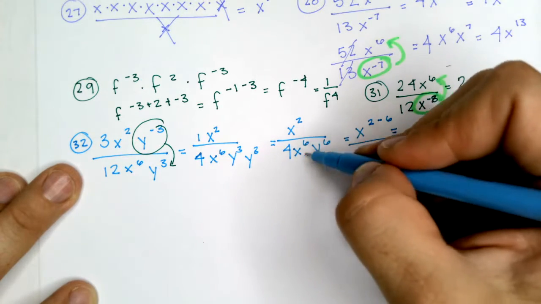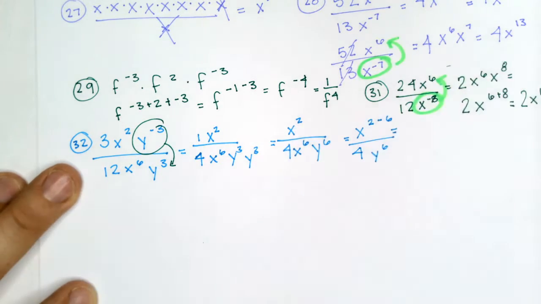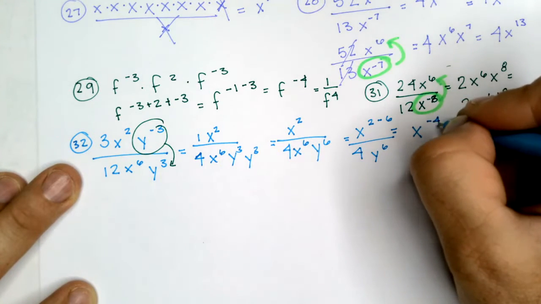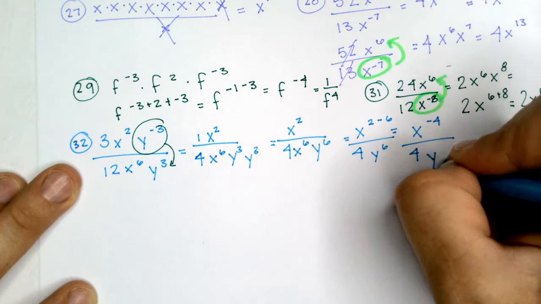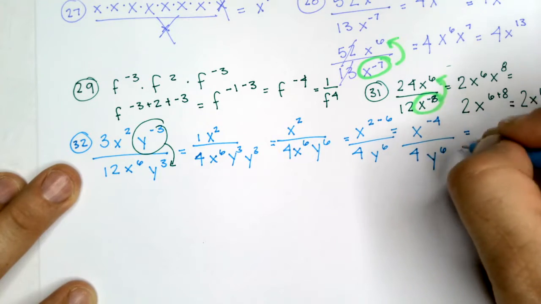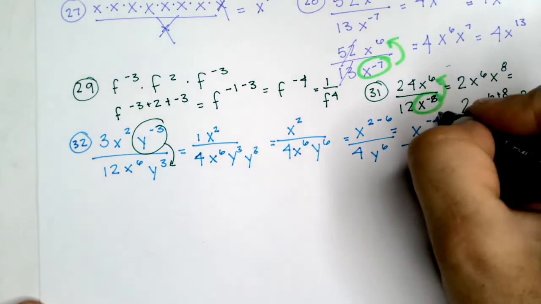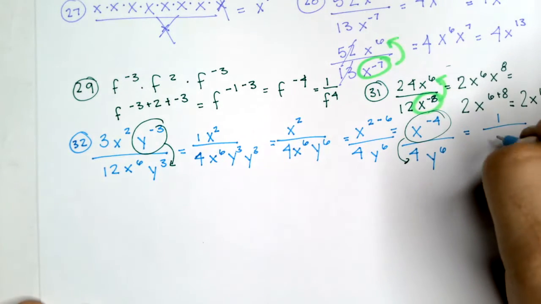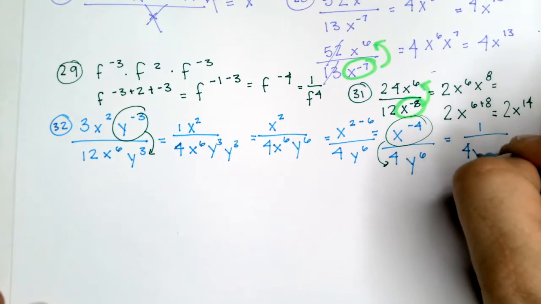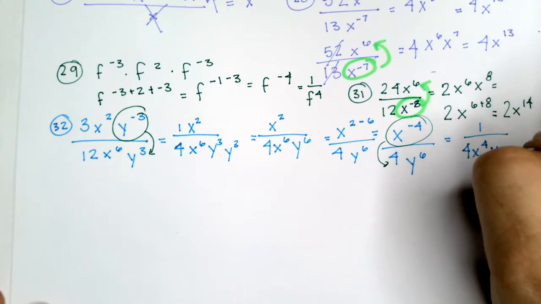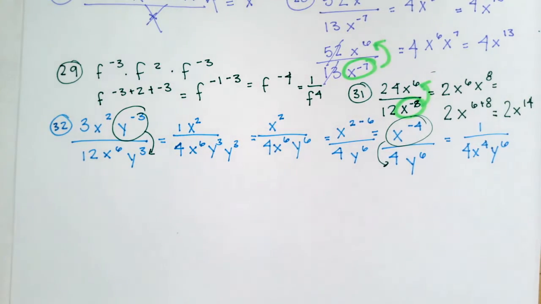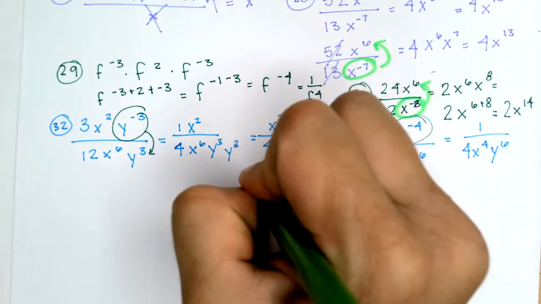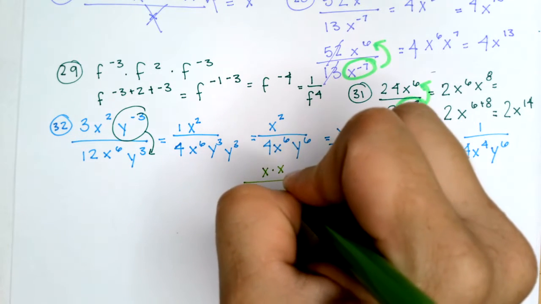I'm going to subtract it from this and see what I get. 2 minus 6 is negative 4. I need to move that down because it is a negative. I want it to be positive. So now everything's under the fraction bar. I just put a 1 up here. 4x to the 4th, y to the 6th. Or when you saw it right here, right, we could also call that 2 x's over 6 x's.